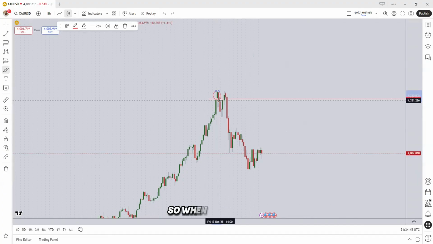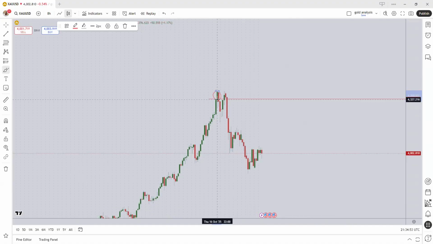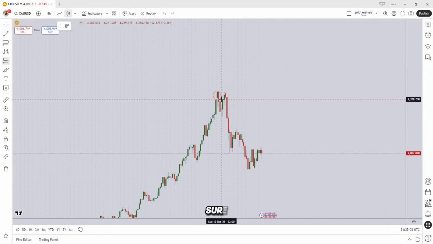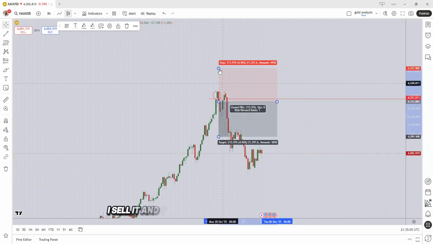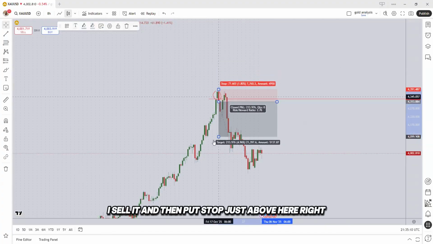So when this bearish candle closes inside and engulfs inside of the previous day, we sell. So this is what I'm trying to say. I sell it and put the stop just above here.